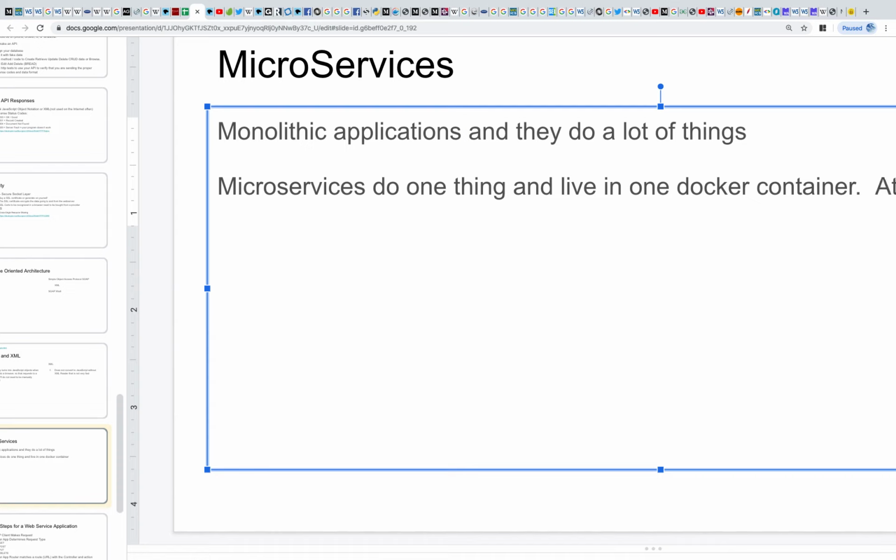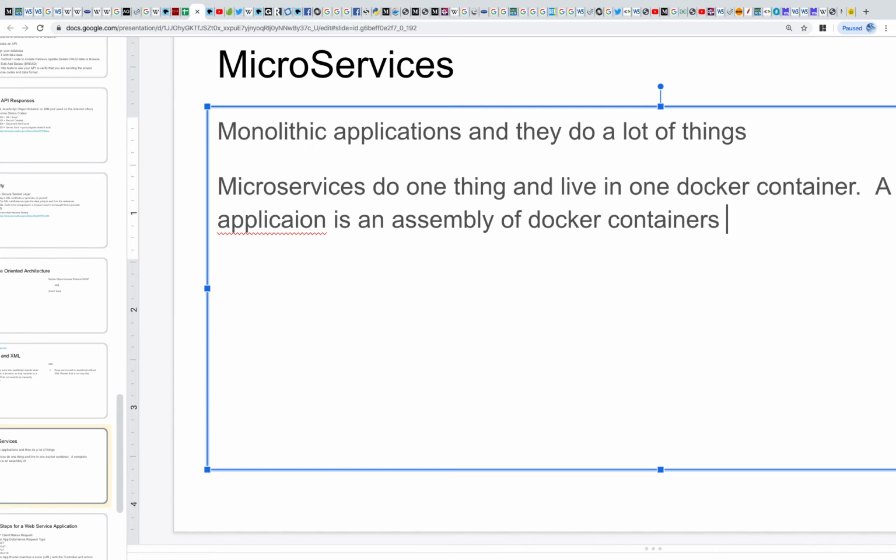A complete application is an assembly of Docker containers, all running small programs that do one thing.